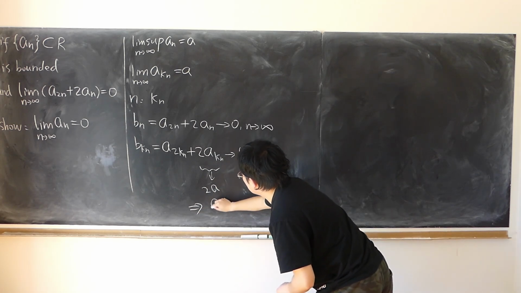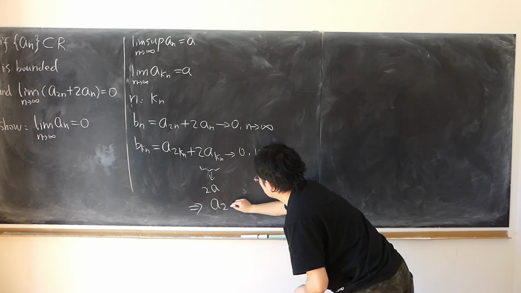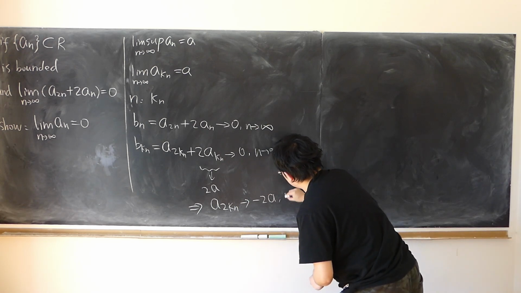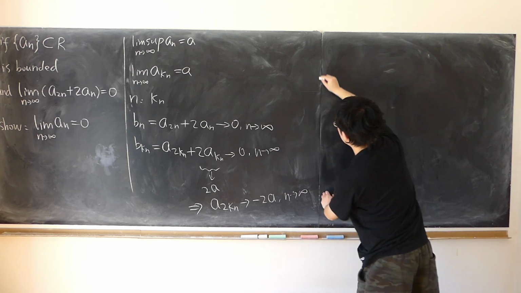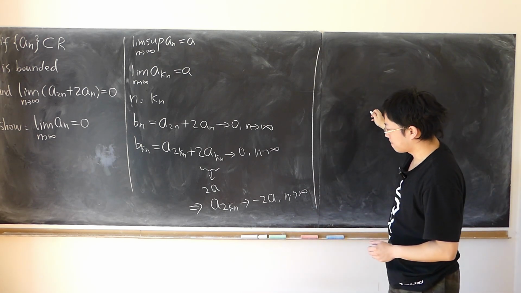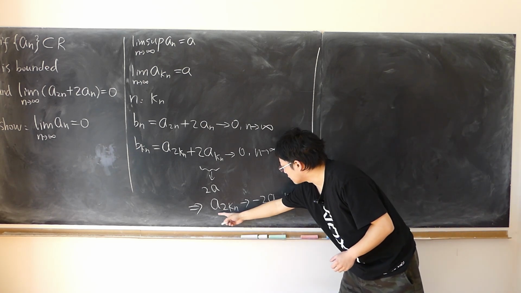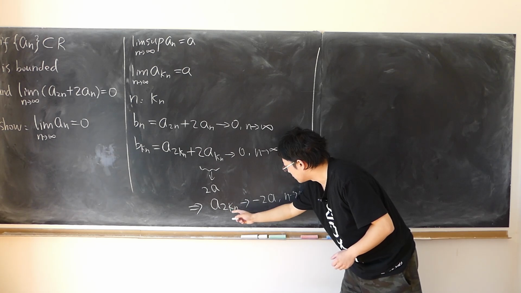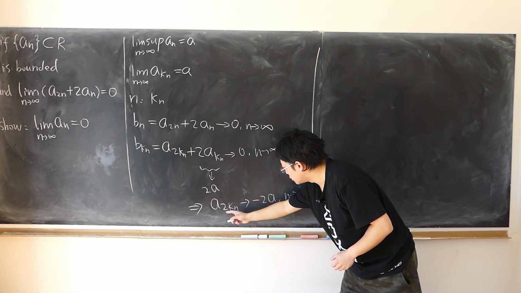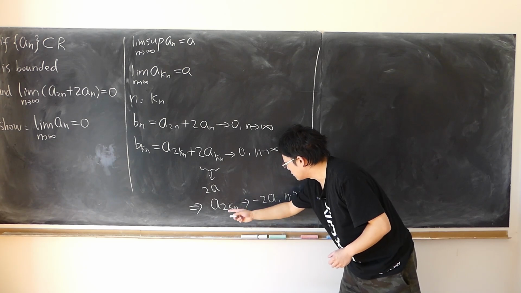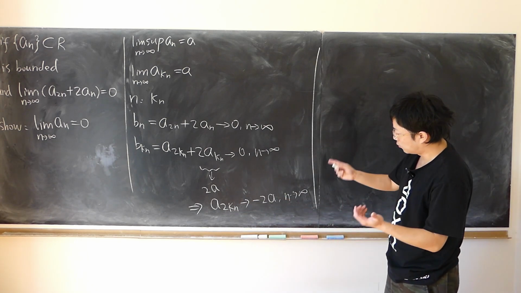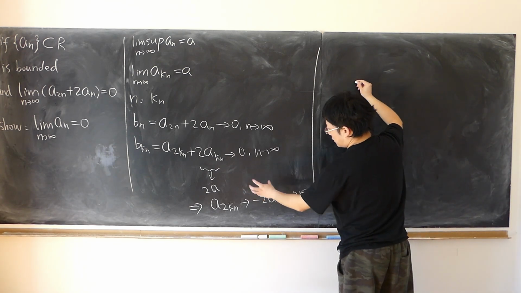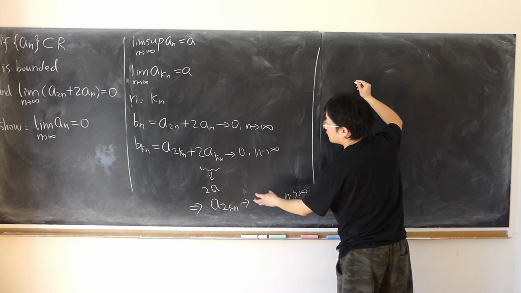Right? a_{2k_n} approaching negative 2A. Now, this is also a subsequence. It's just a different subscript. Used to be little n, now it's 2 times k_n. It's nothing but a subsequence. I don't know what exactly that is, but there's a subsequence approaching some limit.